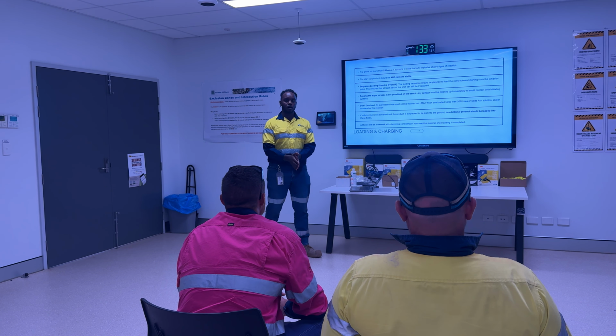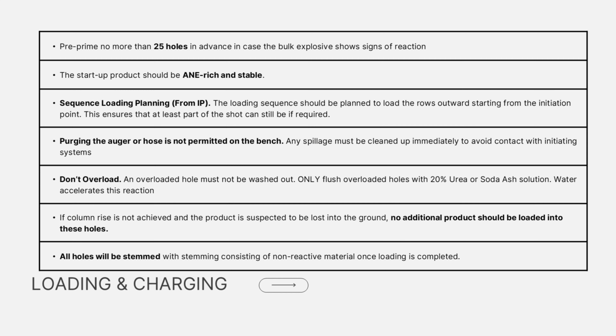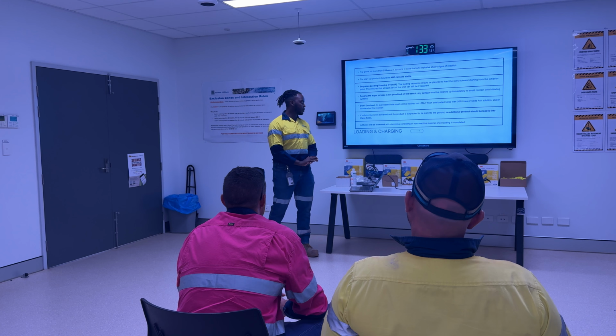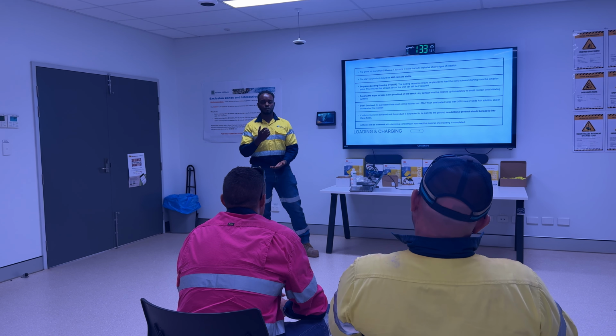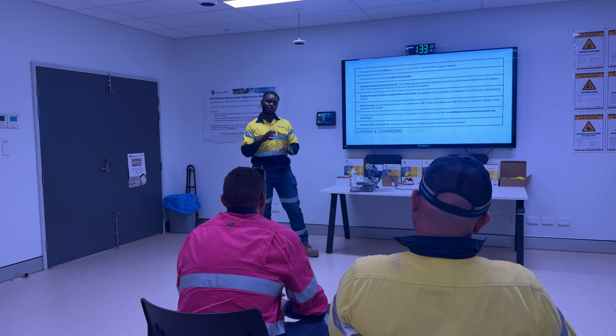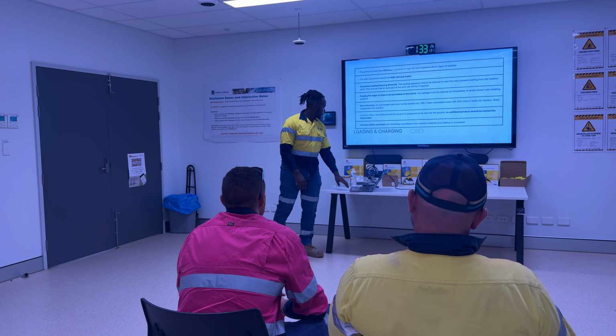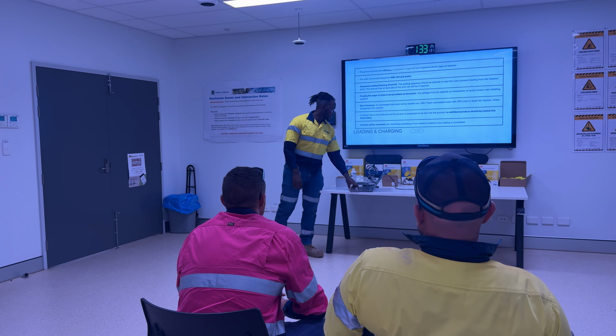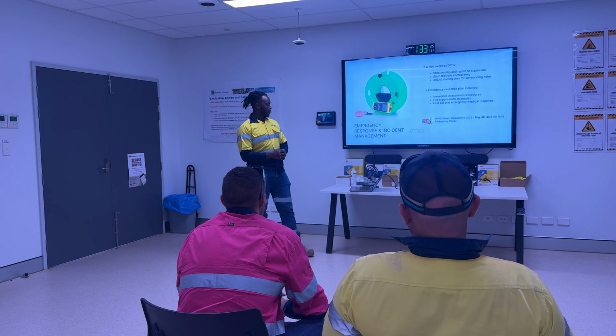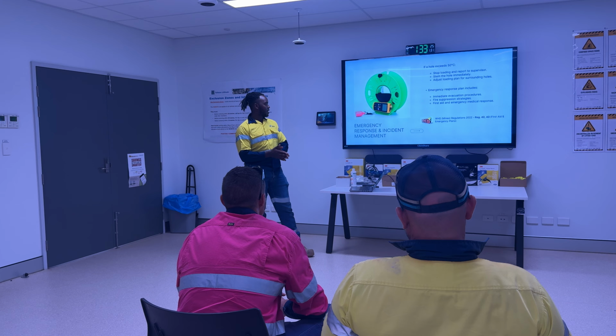If you overload any hole, you have to siphon it out. So we are not allowed to overload, and if for some reason you put product in and it disappears and it's not getting to the kilos, you have to stop. You have to stop. And all the holes have to be stemmed, in case of an emergency.